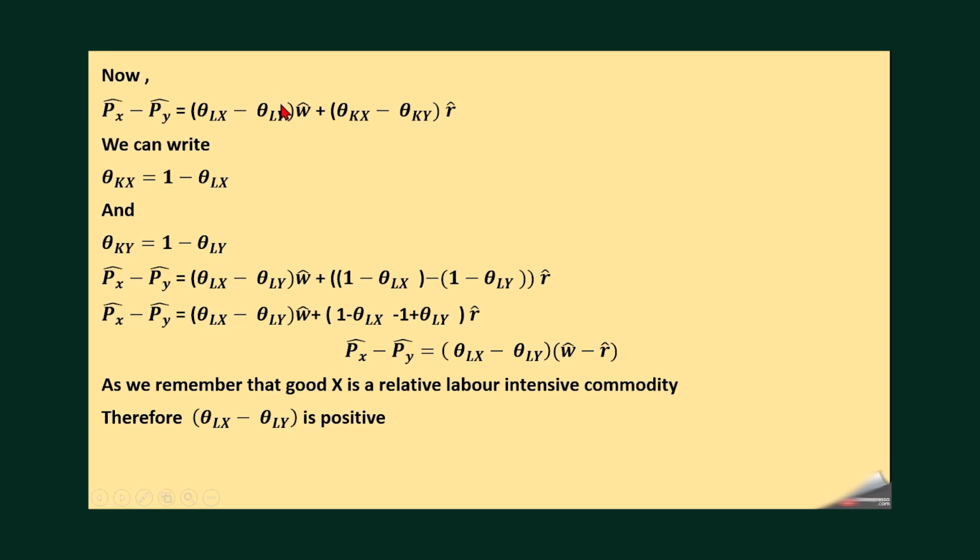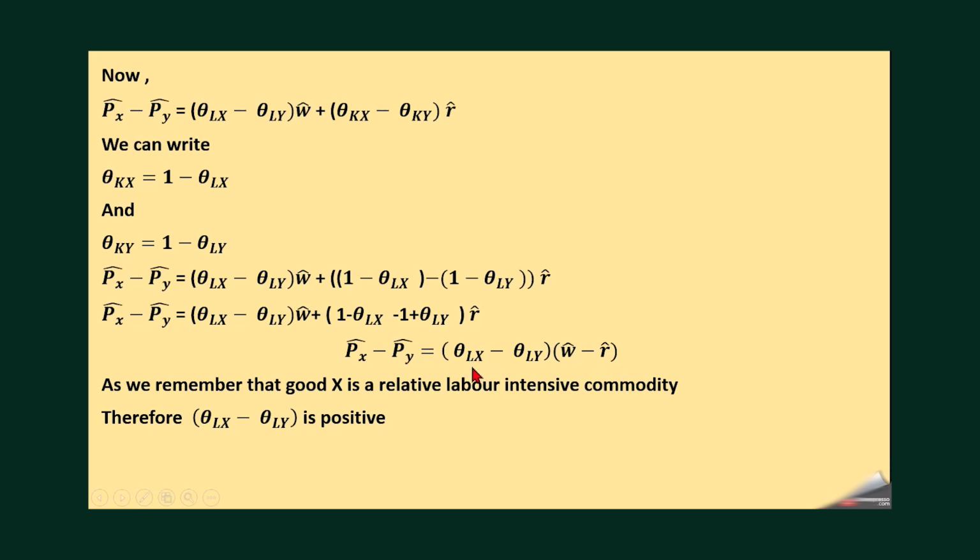We can put 1 minus theta LX in place of theta KX and 1 minus theta LY in place of theta KY. So we get Px hat minus Py hat is equal to theta LX minus theta LY times W hat plus 1 minus theta LX minus 1 plus theta LY times R hat, which simplifies to Px hat minus Py hat is equal to theta LX minus theta LY times W hat minus R hat.